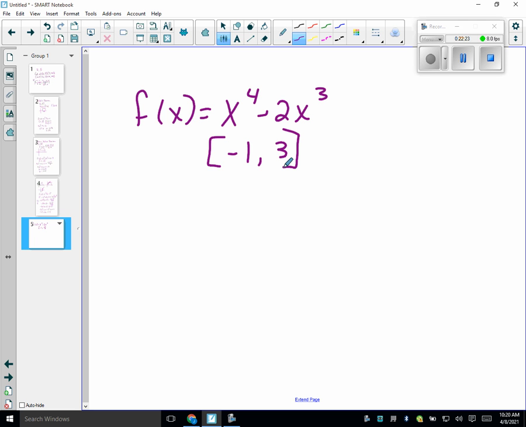Is it true a minimum or maximum happens when the derivative is 0? Right? So I want the derivative equal to 0. So 4x cubed minus 6x squared equals 0.